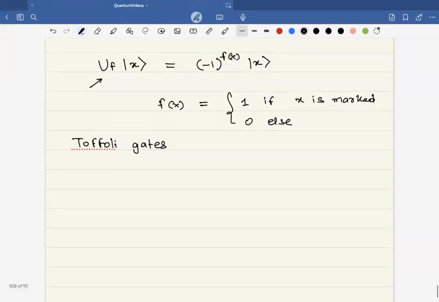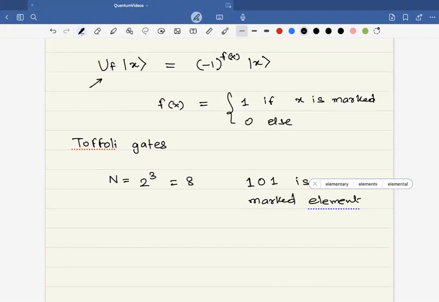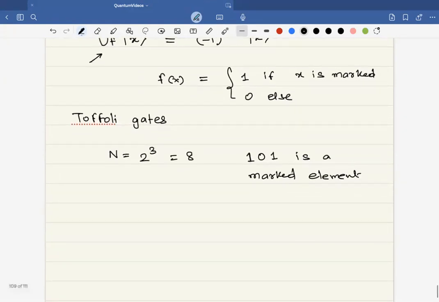For example, let's say we have n equal to 2 to the power 3, which is equal to 8, and let's say 101 is a marked element. Then I can do this U of f operation by using the Toffoli gates in the following way.